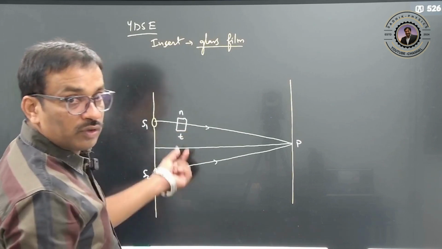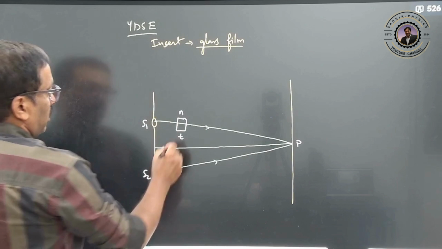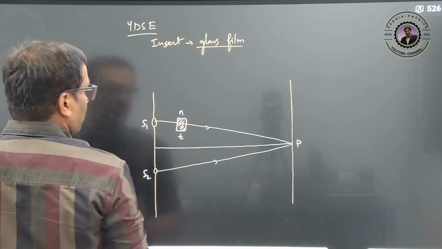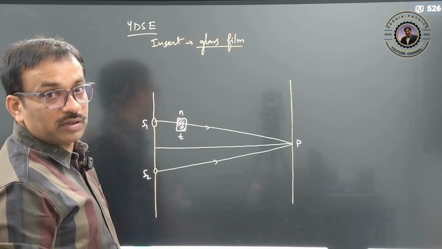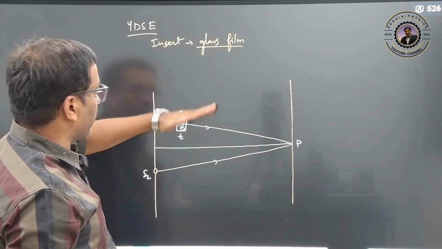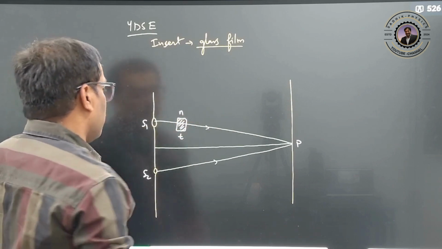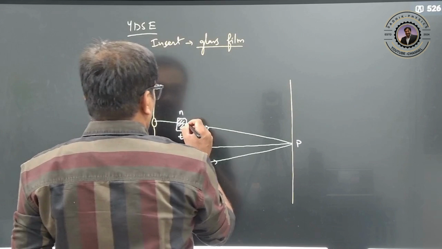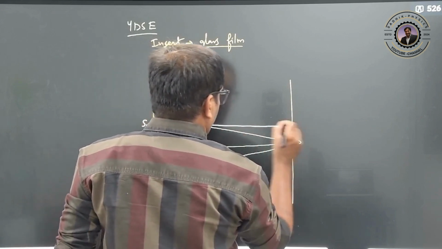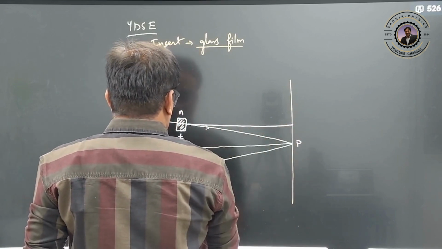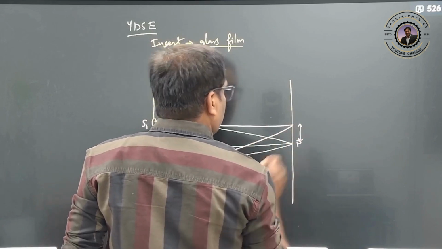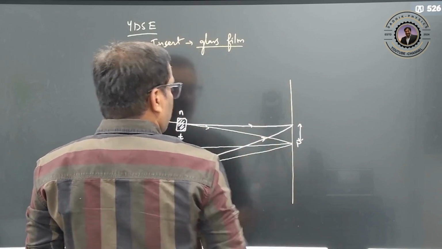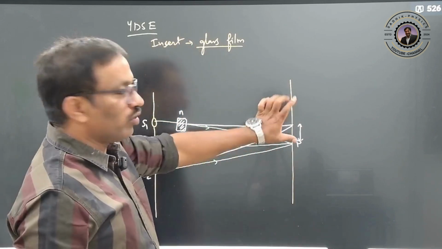Due to this glass, the light ray will undergo some shifting, and so the fringes get shifted here. Clear? Understand?